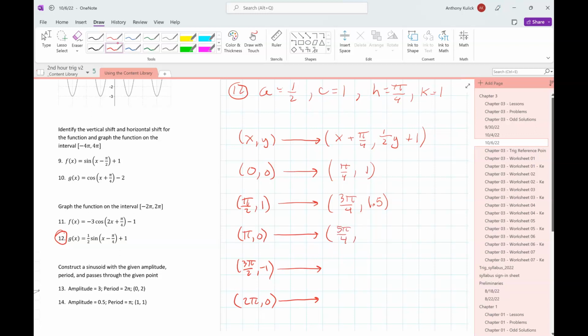And then 1/2 times 0 plus 1 is 1. 3 pi over 2 plus pi over 4 is 7 pi over 4. And then 1/2 times -1 plus 1 is 1/2. And then 2 pi plus pi over 4 is 9 pi over 4. And then 1/2 times 0 plus 1 is 1.